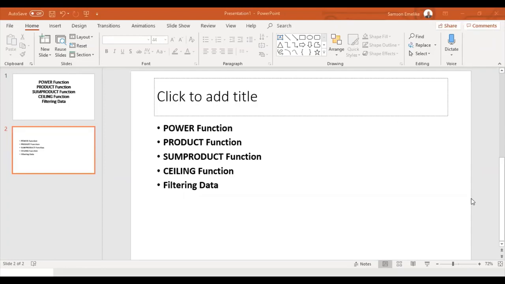If you have up to 5 columns that you need to multiply like that, you can simply write product and then drag the cells that you want and enter. So product is the same thing as multiplication of a cell with another cell or group of cells.